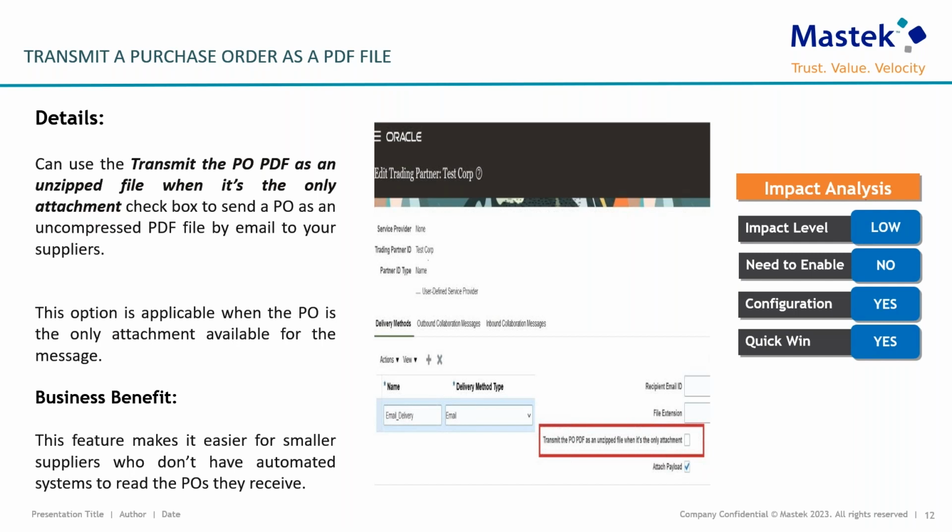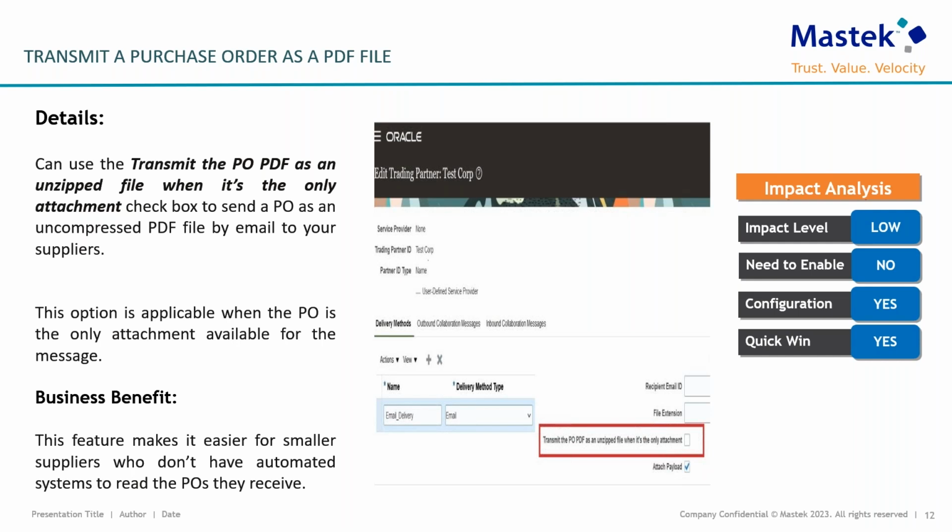Now moving to the next one, which is transfer purchase order as a PDF file. This is a very easy win feature, wherein we need to make a configuration change. There will be an option available to transmit the PDF as an unzipped file when it is the only attachment.